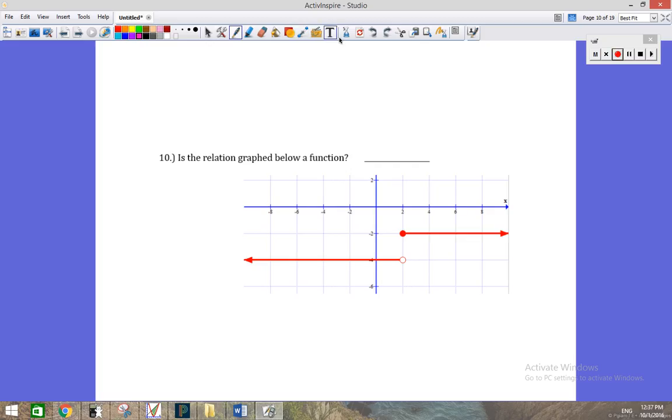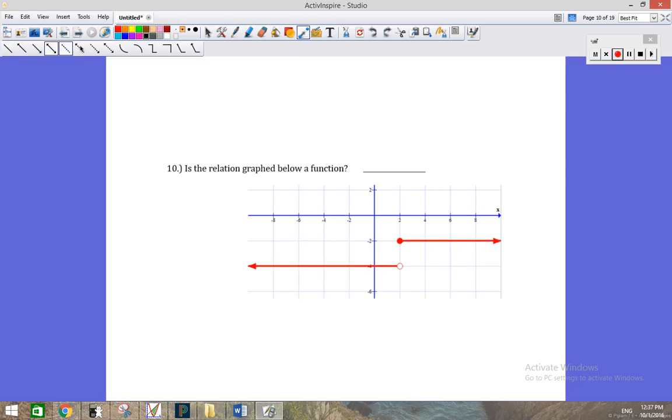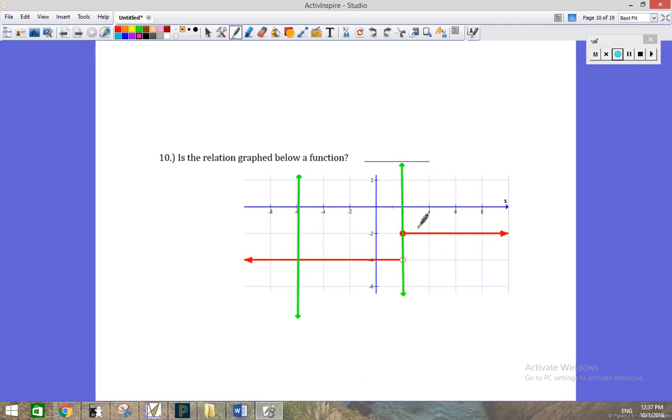Now, all this has to do is pass the vertical line test for every point. Well, clearly over here, it's passing, because it fails if it intersects the graph more than once. This is the only place that truly makes us think about it. If these were both solid points, it would fail to be a function. But since this is solid, this point is on the graph.